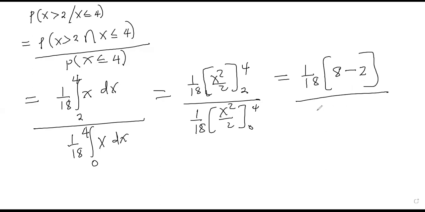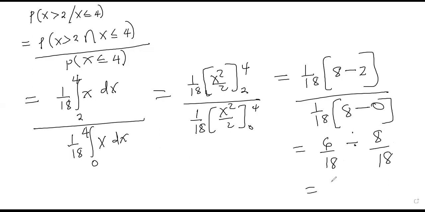Over 1/18, I'd rather substitute, it will be 16/2, which is 8, minus, when you substitute 0, it will be 0. So it is 6/18 divided by 8/18.